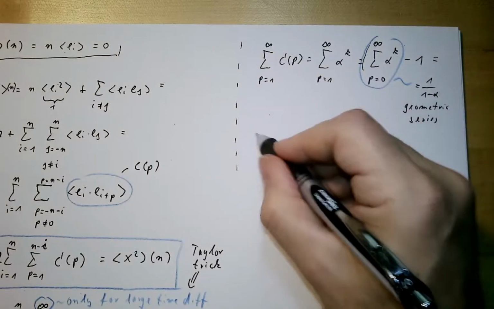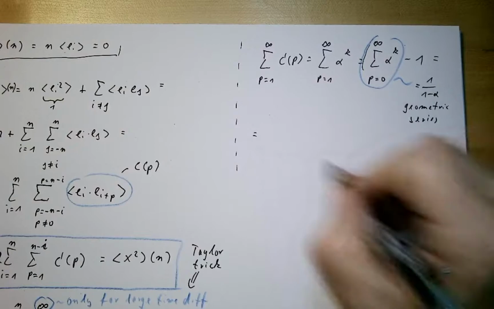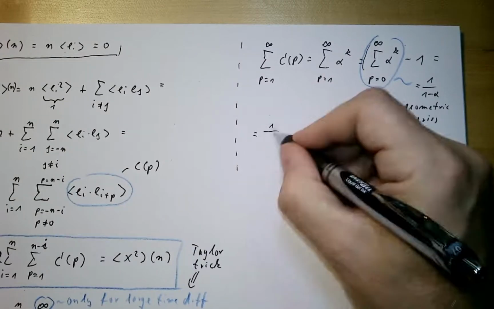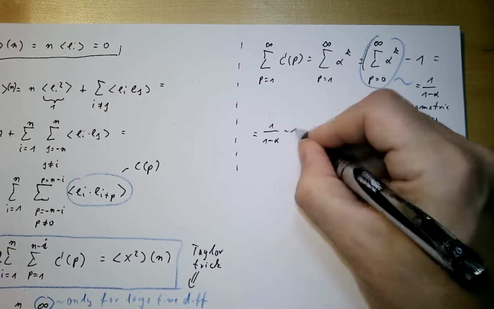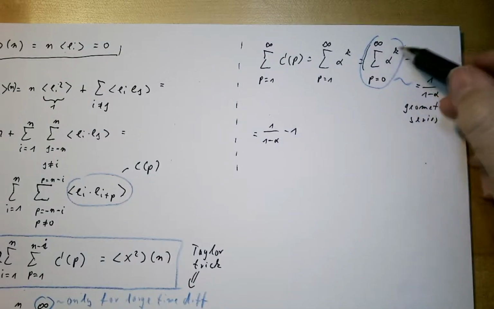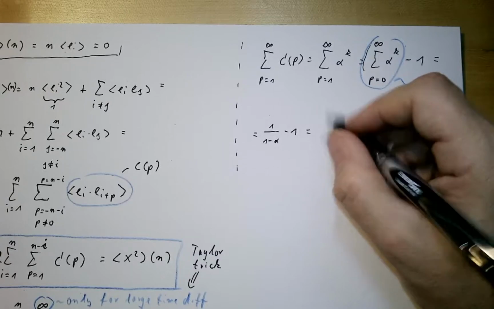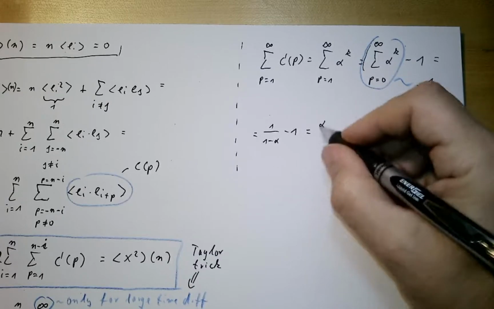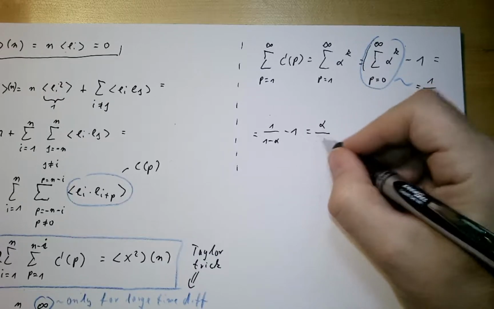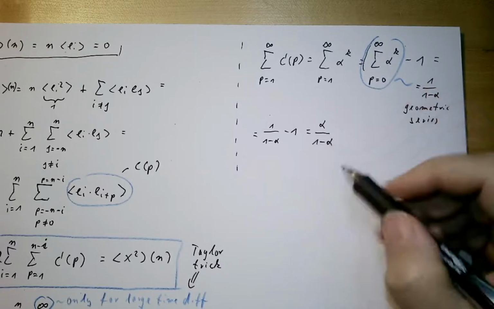So this means the whole thing can be written as 1 over 1 minus alpha minus 1. So we inserted here the geometric series. And this is alpha over 1 minus alpha.